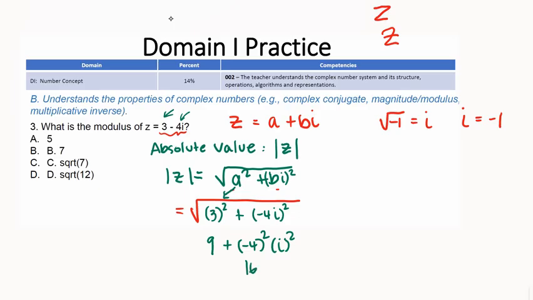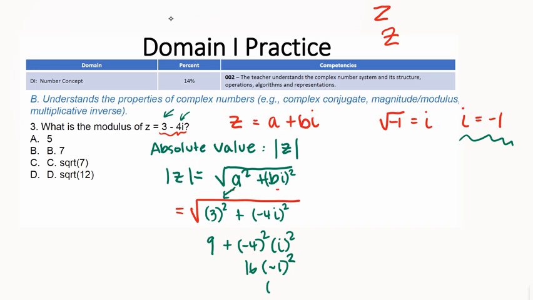Yes or no? Yes. And I put i here, right? If the value of i is somewhere here, what's the value of i? -1. So I'll put -1 squared. Help me, what's -1 squared? -1 times -1, positive 1, right?